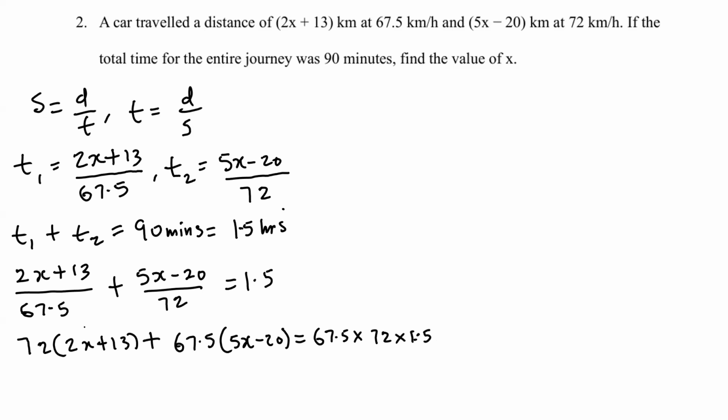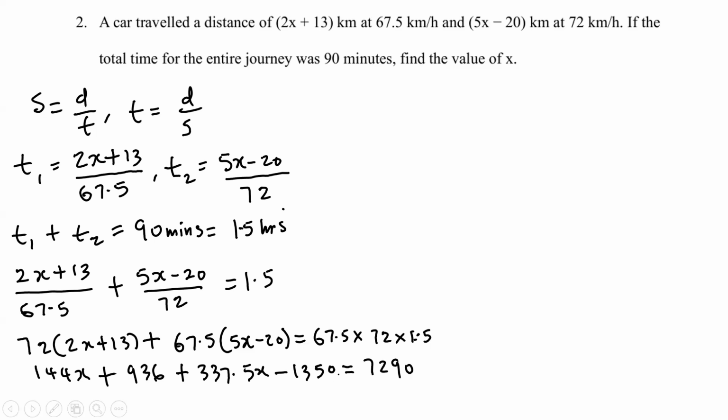So this becomes 144x plus 936, when you open the bracket, plus 337.5x minus 1350, and equals to 7290 when you multiply this side.